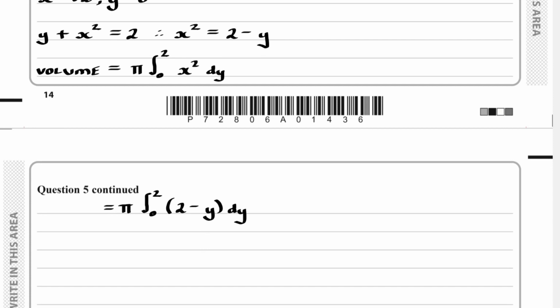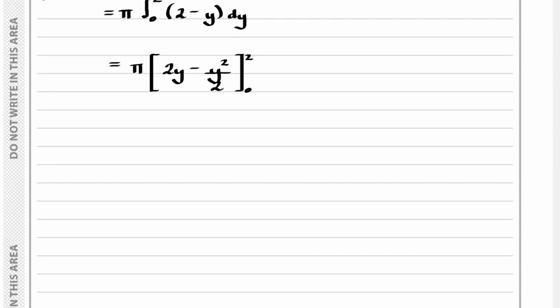So if I work this out, we have pi multiplied by, well, integrating 2, we end up with 2y, and integrating negative y, we end up with negative y squared over 2. And this is being evaluated between 0 and 2. So if we continue to work this out, what we end up with is 2 pi meters cubed as our volume.